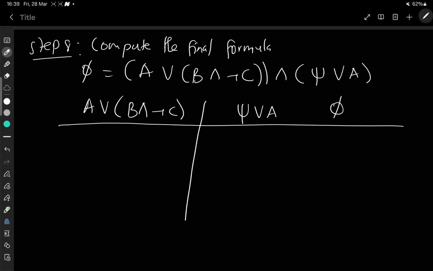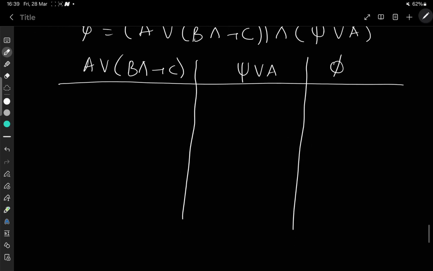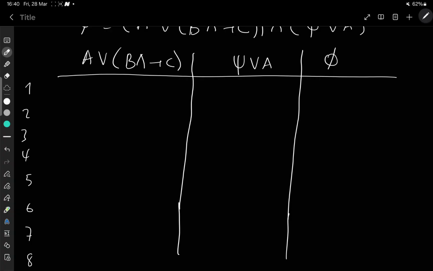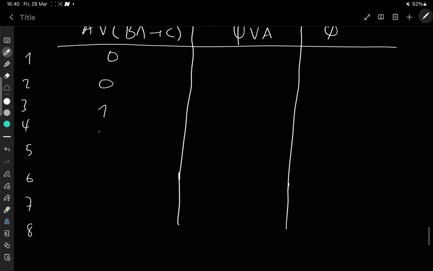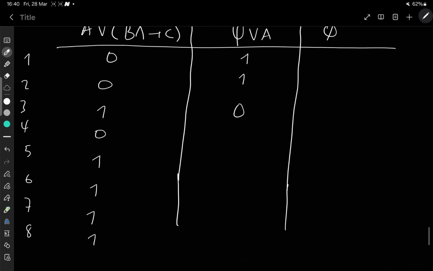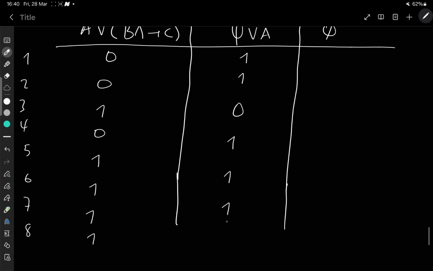So we have to draw our table. Already we have computed this to be 0, 0, 1, 0, 1, 1, 1, 1. And then this one too has been computed to be 1, 1, 0, 1, 0, 1, 1, 1, 1, 1.